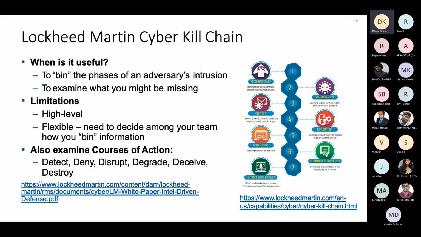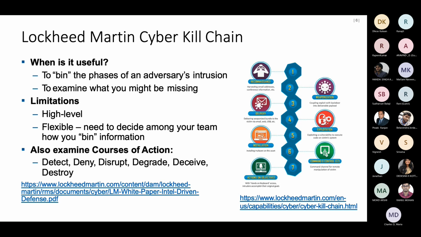So if you want to talk a standard language in terms of Lockheed Martin, and you want to understand in depth about the adversary, about how they want to propagate their attack in any of the 7 phases, then you can pick up the Lockheed Martin cyber kill chain information and that'll be enough for you.